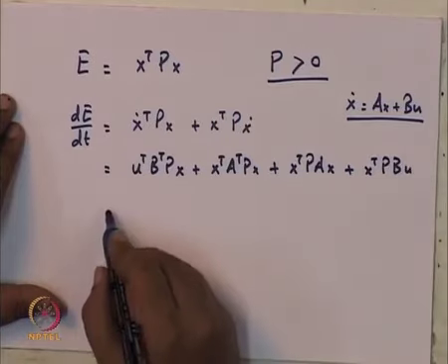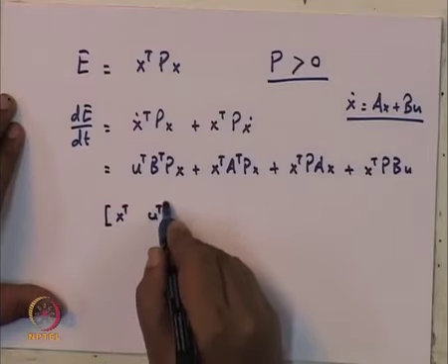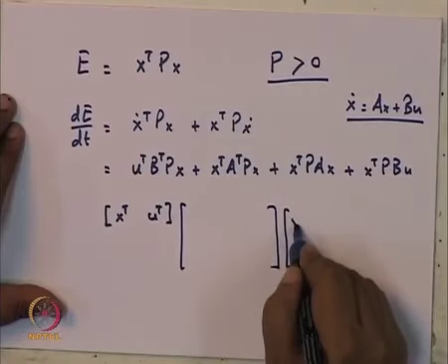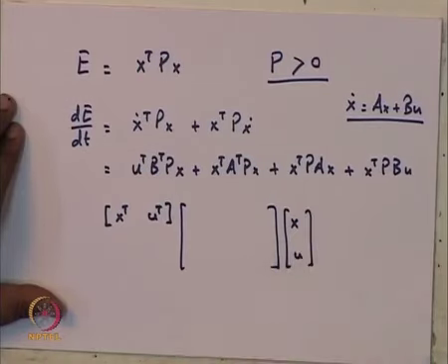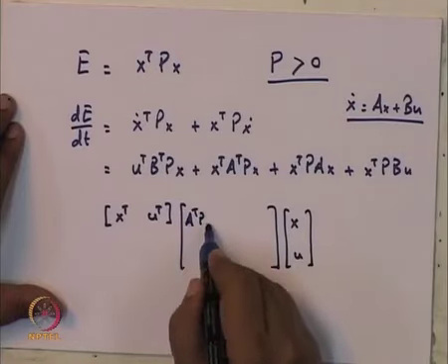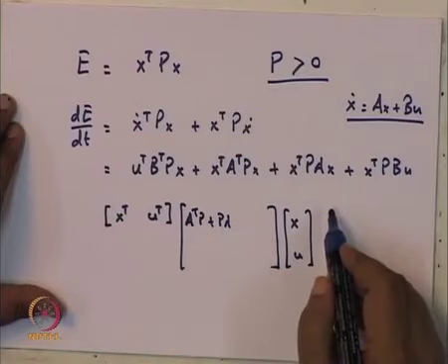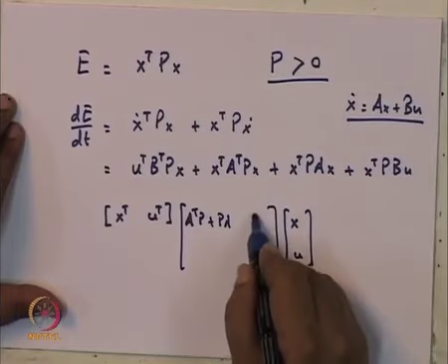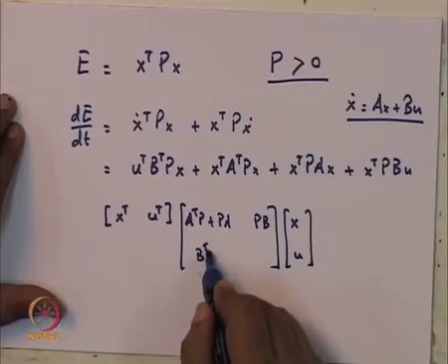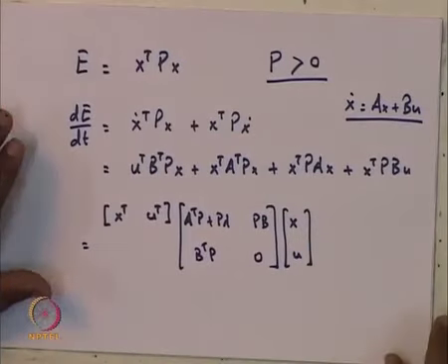Okay, I will write this in a more compact form, x transpose u transpose, and then I have this matrix here, and then I have x and u, and out here I would have A transpose P plus P A, then I would have P B here, I would have B transpose P here and 0 here. So, this expression is the same as this.